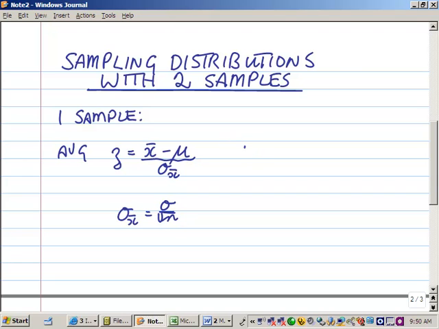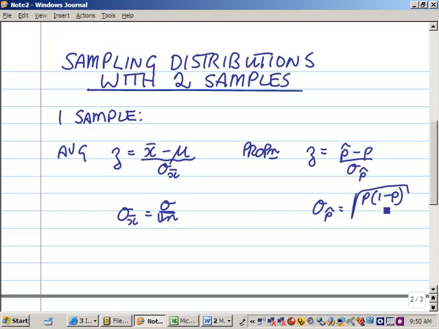And for proportion, the z was the limit, which was p hat, the sample proportion, minus the mean, the true population proportion, divided by the standard deviation of the distribution, sigma sub p hat, where sigma sub p hat is the square root of p times 1 minus p, over n.